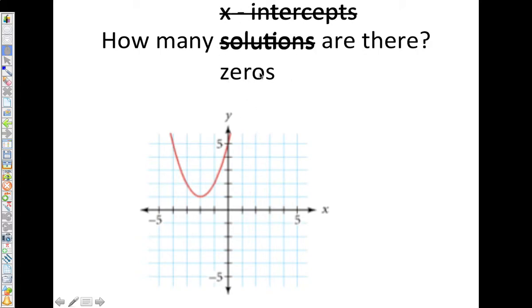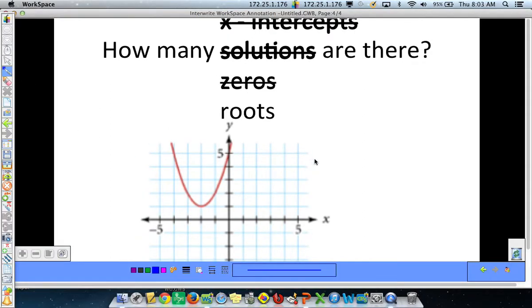So the zeros of the function are the same as the solutions or x-intercepts. Another term is roots. If I'm looking for the roots of the function, I'm looking for the zeros or the x-intercepts or the solutions. Looking at this graph, we see that it doesn't cross the x-axis at all. Therefore, there are no real solutions.